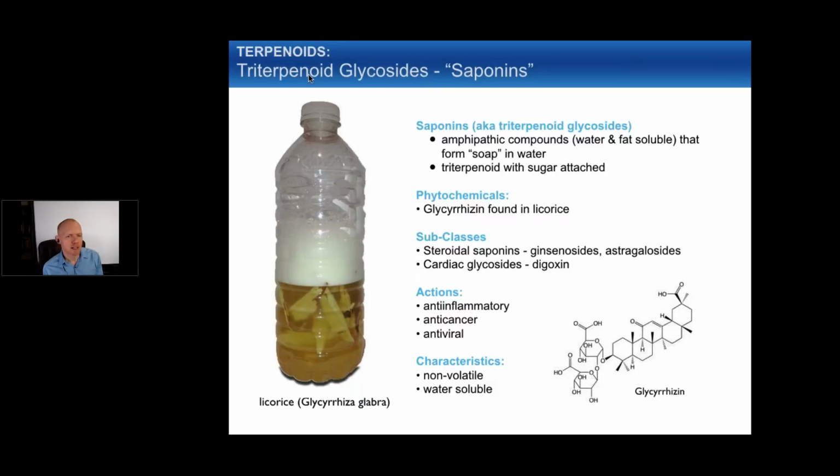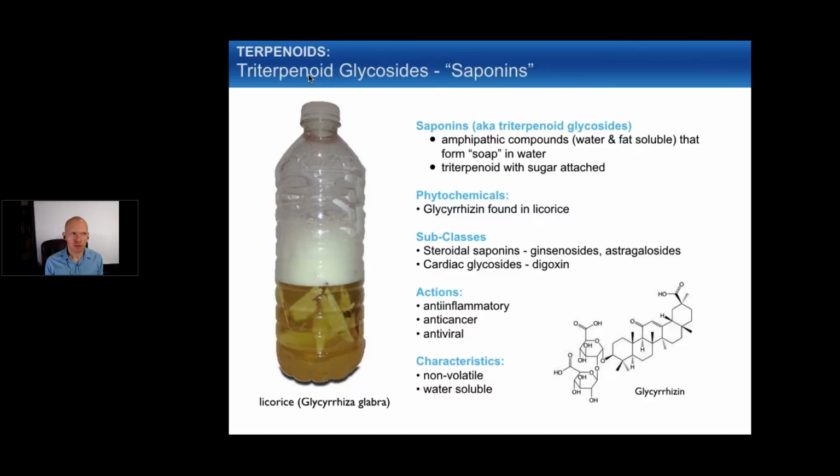And what I think is kind of neat about saponins like licorice is it dissolves in water. But in Chinese medicine, often licorice is added to a lot of different formulas because they say licorice helps the other herbs enter the meridians. And so from a chemical standpoint, what I kind of wonder is Chinese medicine, they don't use tinctures.